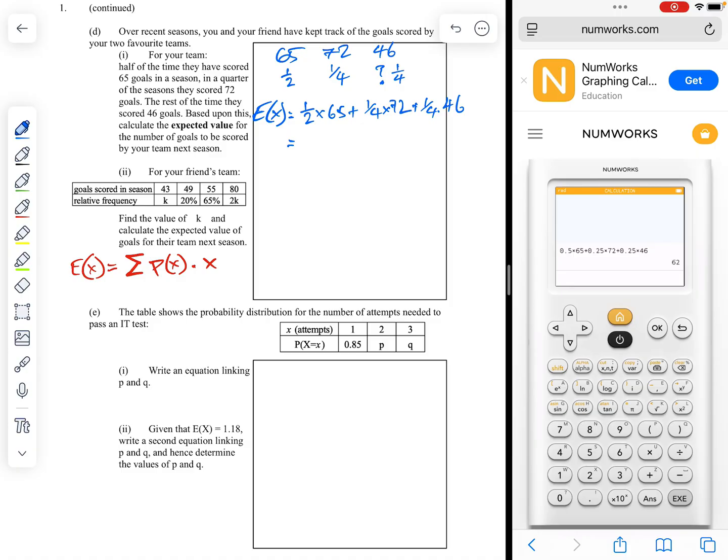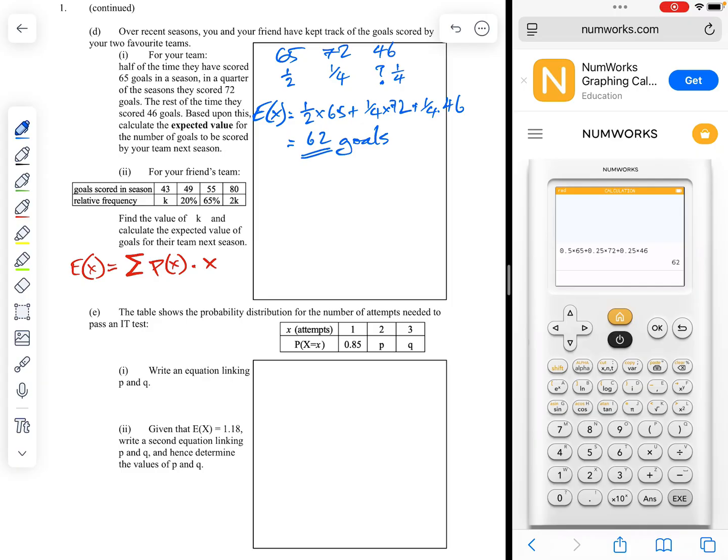We end up with 62. So our expected value is 62 goals. That's the mean, that's the average over recent seasons. So that will be our prediction for next season.